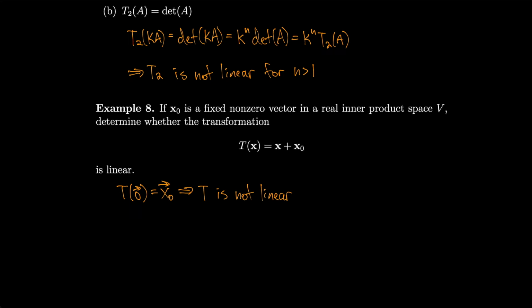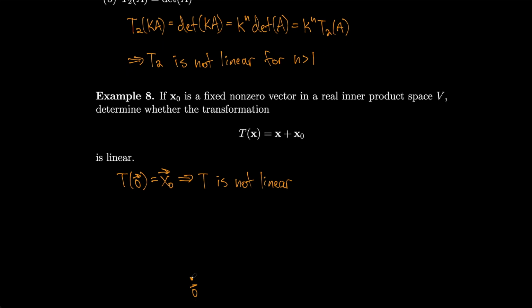You can also see this via a picture. Let's say here's 0, and I'll put in some vector x, and let's say over here is some vector x0. Then the vector x plus x0 ends up being this vector over here by the parallelogram rule.